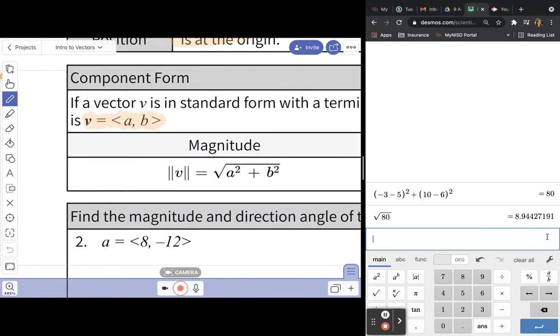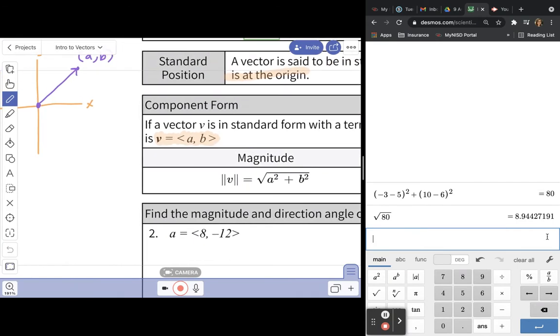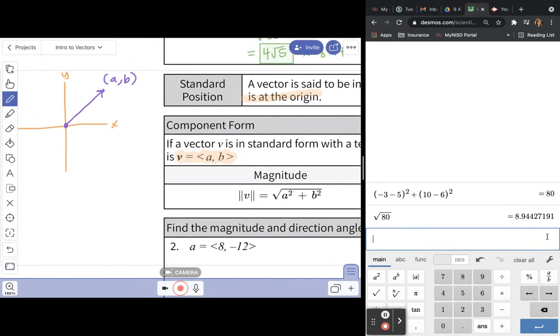For magnitude, remember it's x2 minus x1, but in this case, I have A minus 0. That would just stay A, so that's A squared. And then plus, same thing here, B minus 0 is still B squared. So it simplifies it a lot whenever it's in standard position. Honestly, anytime you have a vector, it's probably best to draw it in standard position, just so that you can simplify this magnitude formula.